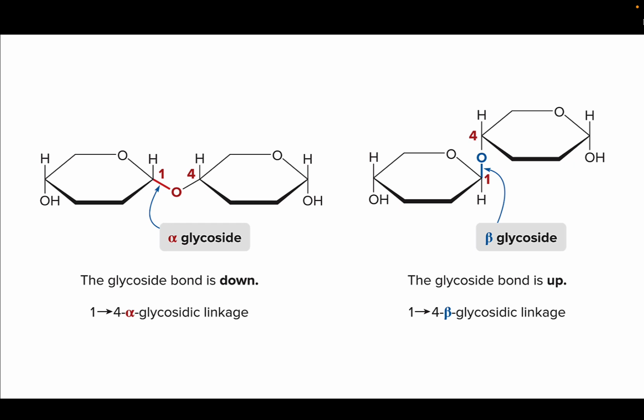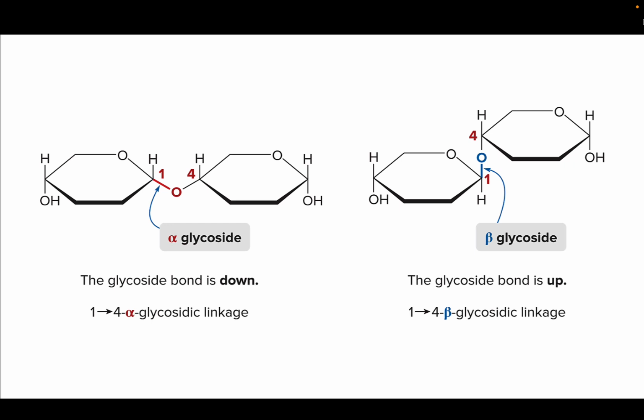That's the number that carbon gets. And then if we go around the ring, we get to 4. That's where the second link is formed. So that's why it's called 1,4. It's from the 1 carbon of the first monomer unit to the 4 carbon of the second monomer unit. And it's alpha because both of the bonds are pointed down. This gives a special structure to this linkage.